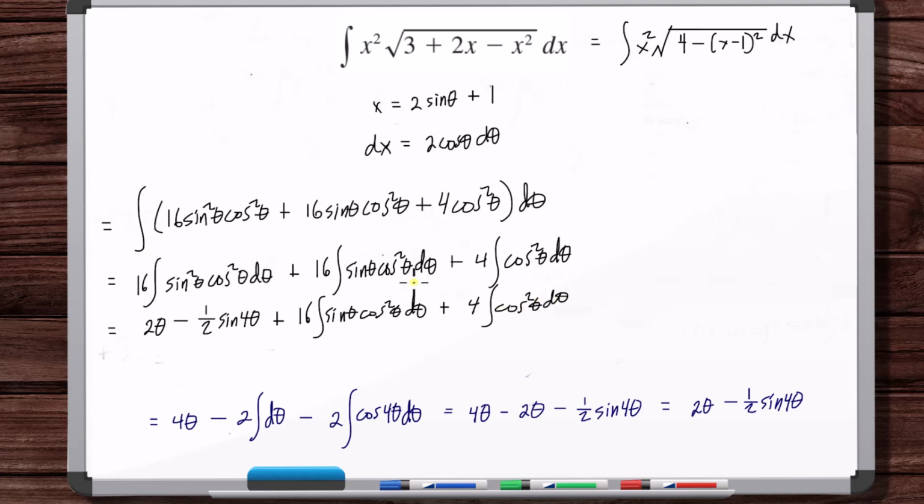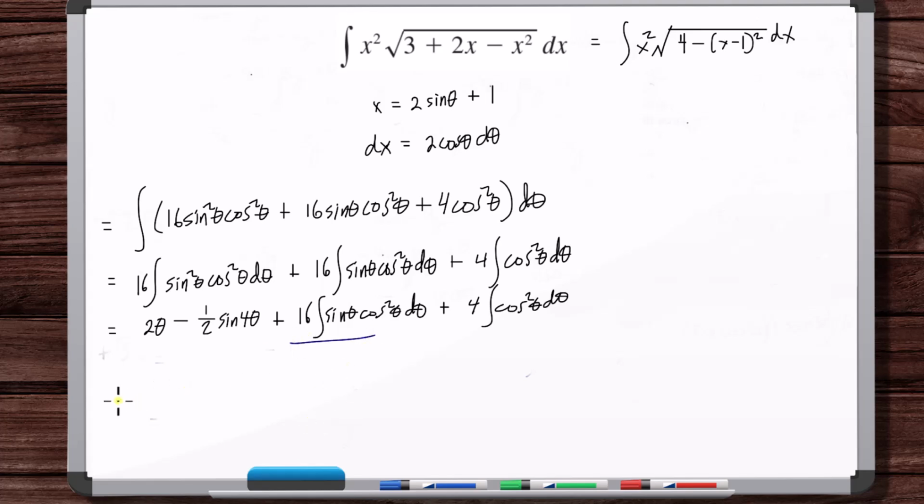Okay, so now let's do this integral. We've got 16 sine theta cosine squared theta d theta. So here we can say that u is equal to cosine theta. Therefore, du is minus sine theta d theta. So we've got, take out the minus 1, and we've got u squared du.